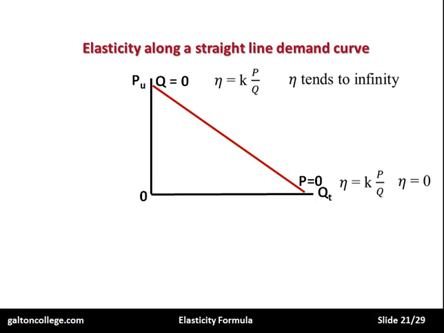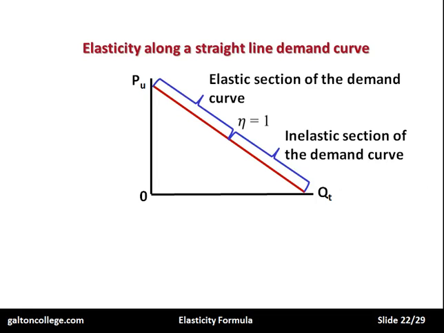So looking at the slope of the curve does not tell us the elasticity of demand. What we'd have to do is think about the segment of the curve. If we look at it, this section up here is greater than 1. So 1 is halfway along, and there is a proof for that, which I will produce later on in a separate piece of work.